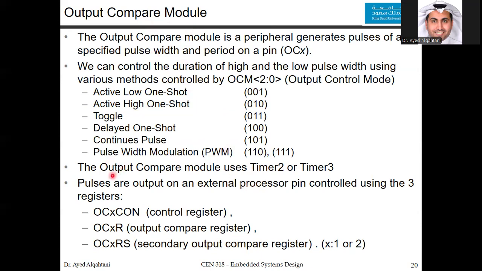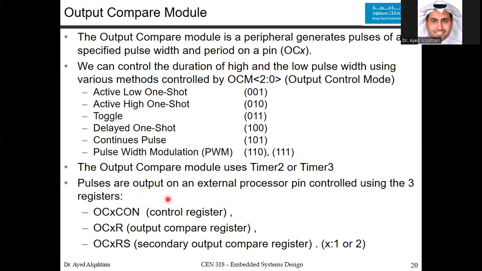Now, as we've just said, the output compare module uses timer 2 or timer 3. It must have a timer, or you need to define a timer. You need to configure it and program it before the output compare could work. The pulses are output on an external processor pin controlled using 3 registers.